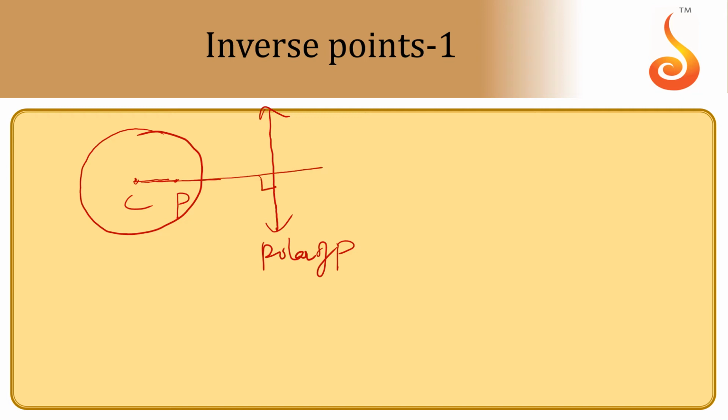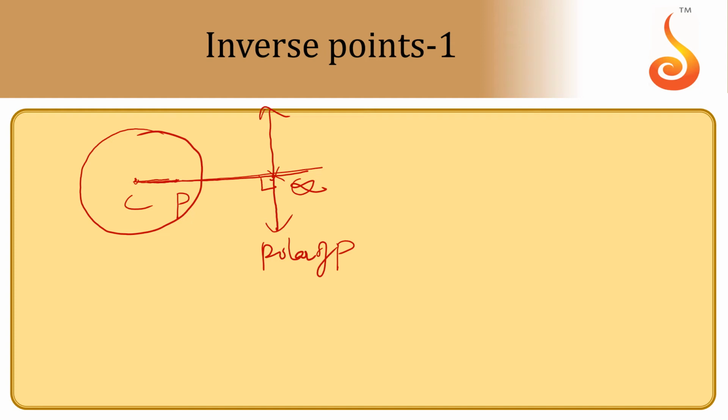You know that this is perpendicular, already proved. Then the line CP where it cuts the polar of P, let it be Q. Then this Q is called the inverse point of P.